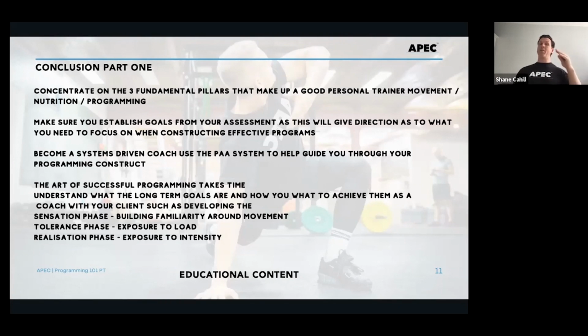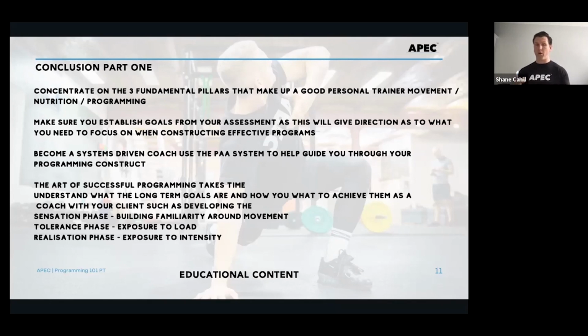Make sure you establish goals from your assessment, as this will give direction as to what you need to focus on when constructing effective exercise programs. Become a systems-driven coach by using the PAA system to help you guide yourself through your programming construct.